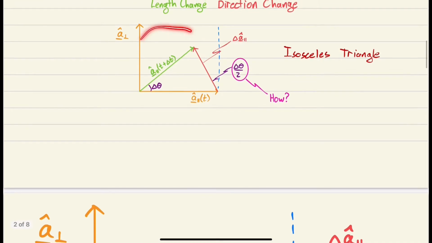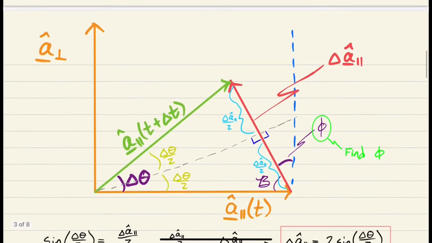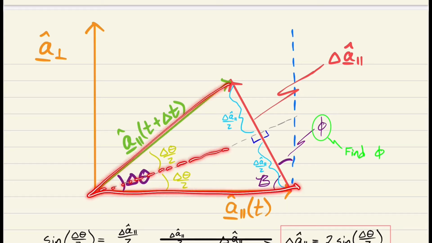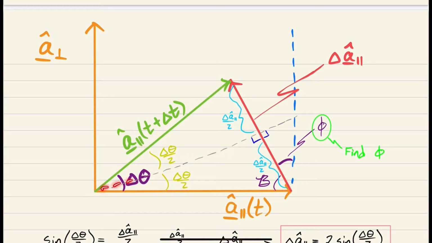So let's take this and we're going to blow it up a little bigger down here. Make it a little easier to see. Since this is an isosceles triangle, we can divide this bigger triangle kind of in half. We can divide delta theta in half, and that'll take us to a right angle right here.